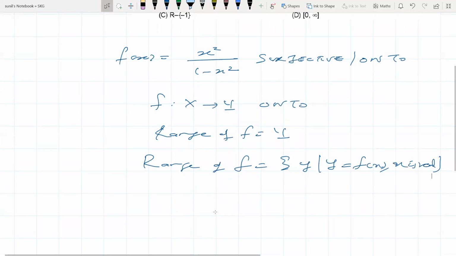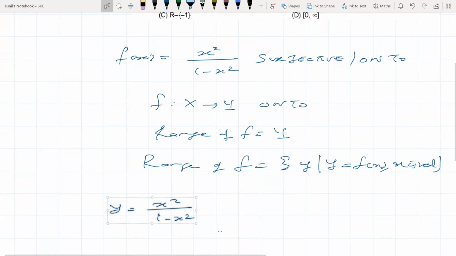For this, we will cross multiply. Y equal to x square dividing by 1 minus x square.